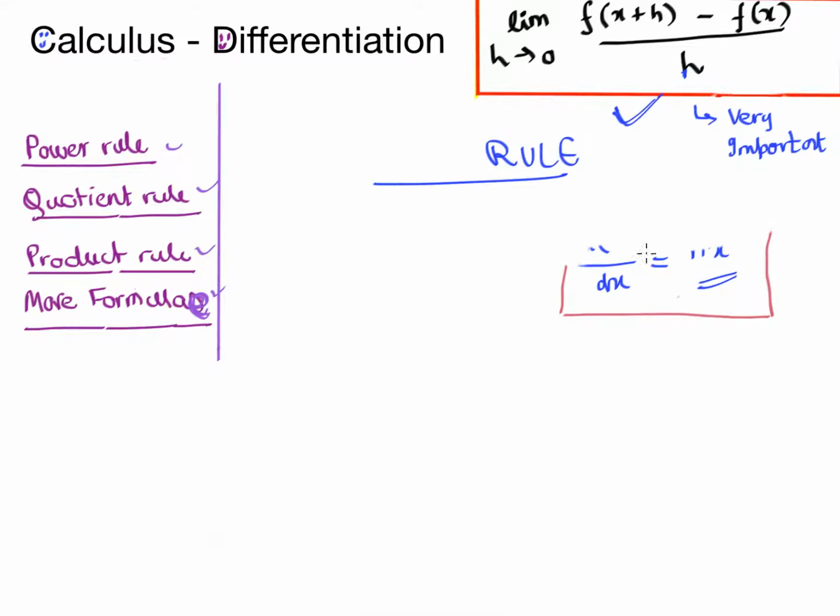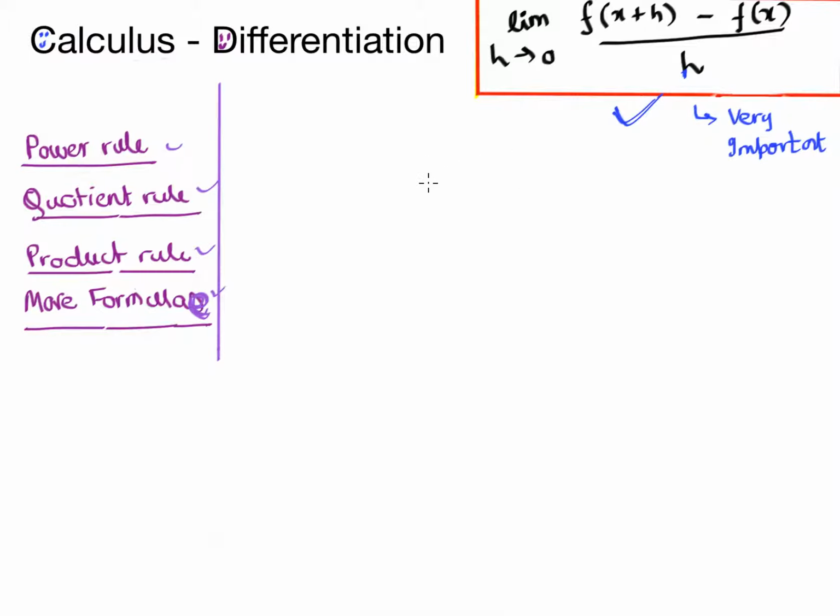Now we move on to something known as the quotient rule. I'll just write it down. Let's use another color, it's getting too mundane. Let's use green. So we have the quotient rule. What does the quotient rule say? The quotient rule is used to find the derivative of two functions.